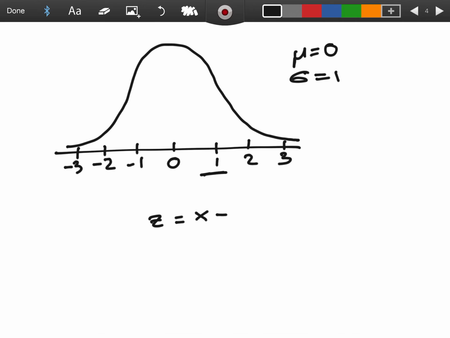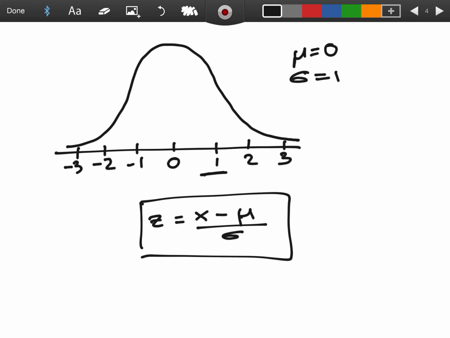Okay, so that's what that Z transformation actually does. This is a very important formula. Make sure you remember it, okay? Because it takes each of your x values in your normal distribution and transforms it to a Z value, so then you can go ahead and use a mean of 0 and a standard deviation of 1, okay? That's why we like it.